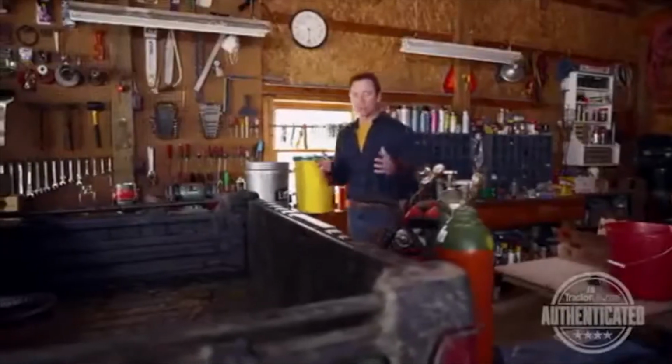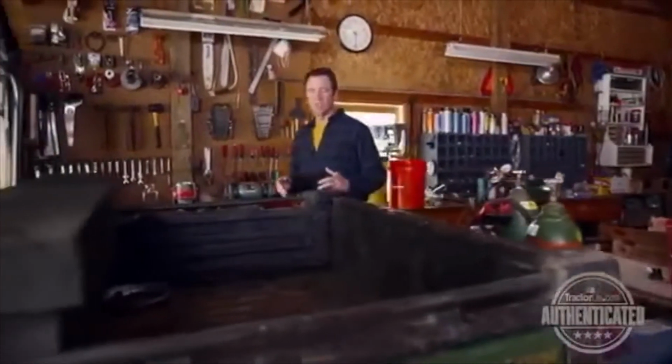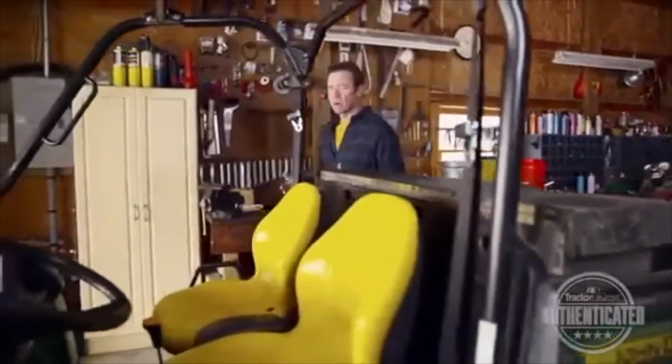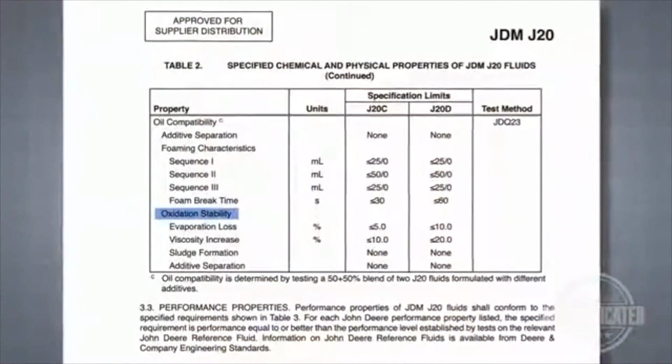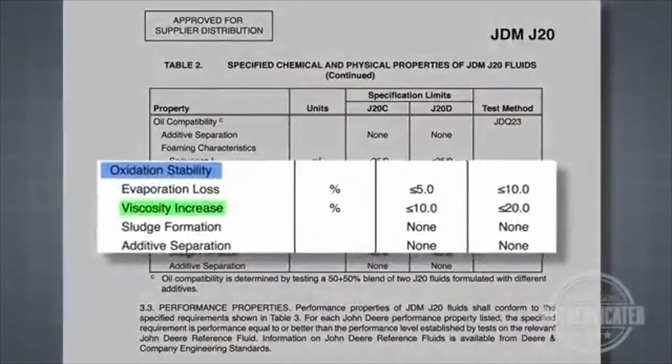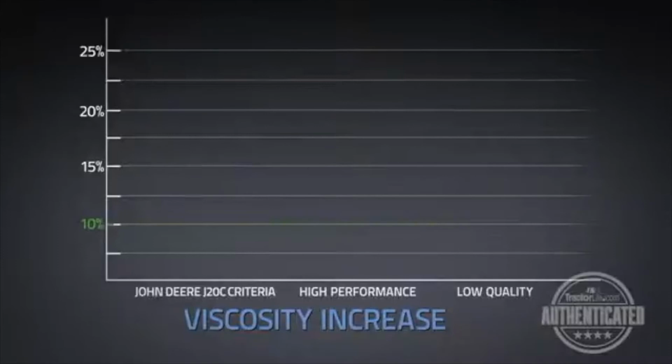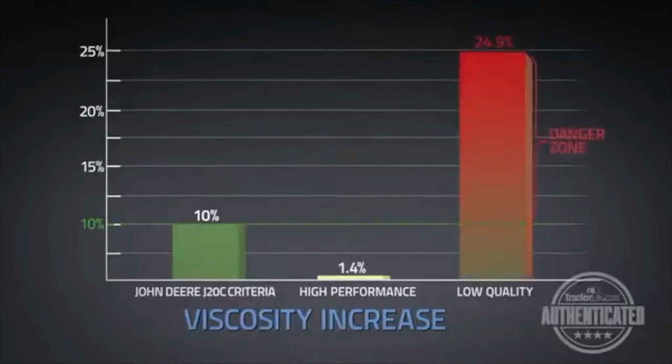The next category for J20C specification is oxidation stability, which shows the ability of the lubricant to keep parts clean. John Deere requires lubricants to meet a maximum viscosity increase of 10%. The high-performance fluid tested easily met this requirement at 1.4%, but the low-quality fluid failed miserably at 24.9%.